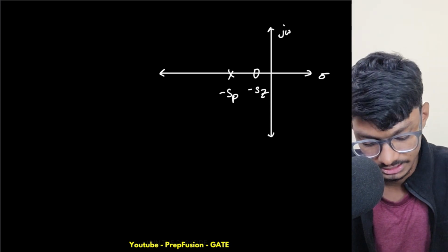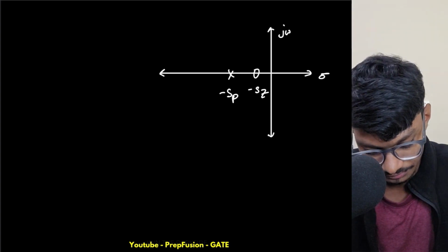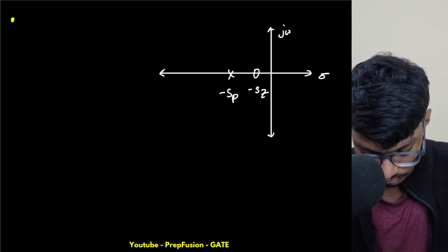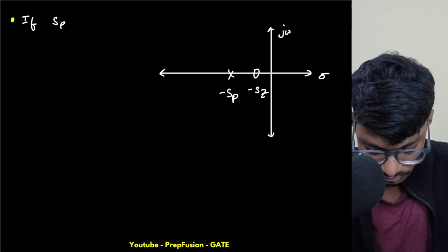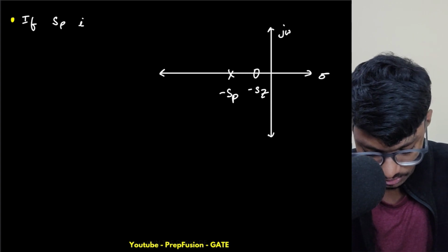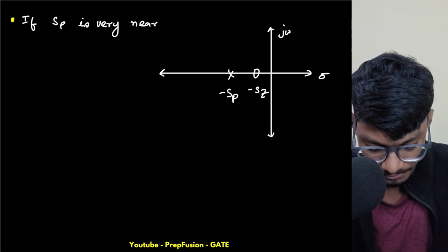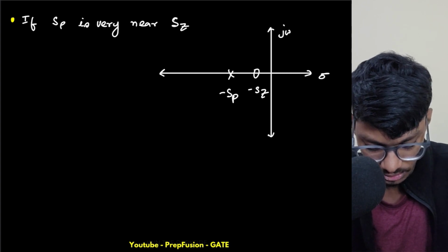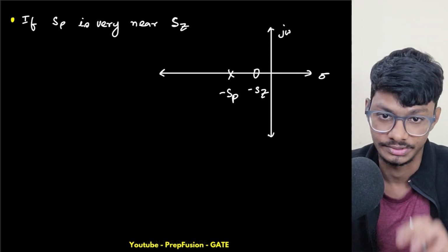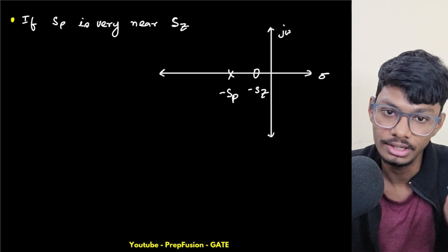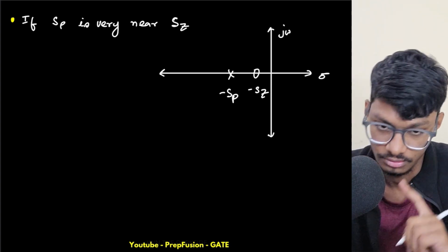Yeah, if that is the case, if SP is very near SZ, then it will be a lead compensator, but it will not be a causal approximation of the PD controller.